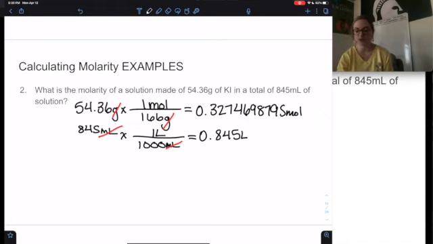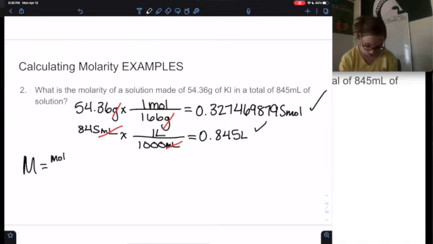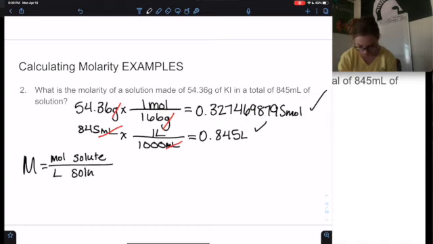So we now have the values we need to be able to calculate molarity, because now we are in moles, check, liters, check. That's what I want. I can go ahead and calculate. So molarity is moles of solute divided by liters of solution. You may see me use this quick abbreviation for solution, SOLN.